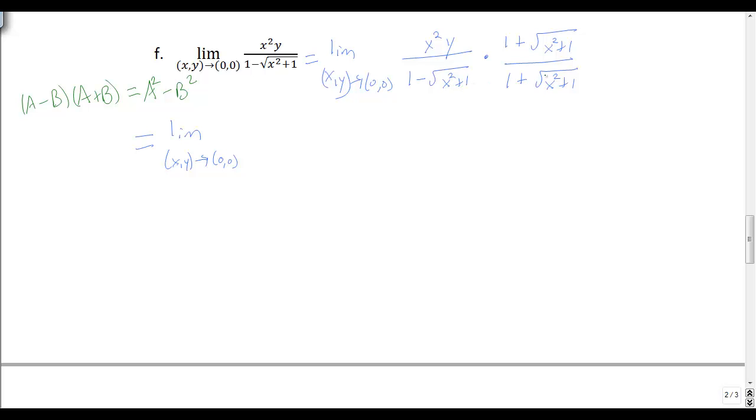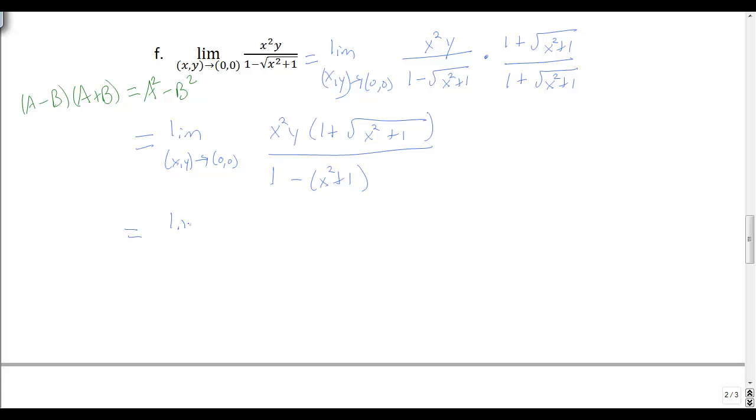If I square these, the square root will go away and things will look a little bit nicer. That's really what we're hoping for. So let's just execute this. Our top is x squared y times 1 plus square root of x squared plus 1. Our bottom is now 1 times 1, that's 1, minus the square root squared, that's minus x squared plus 1.